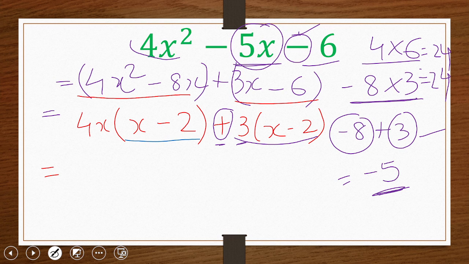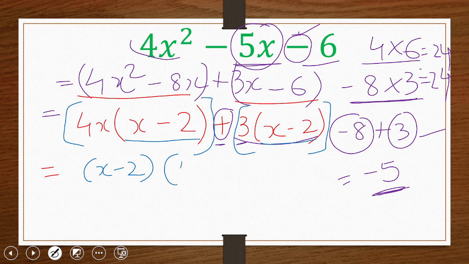Now this is the same term, x, common term I have taken from this one and this one. The common term is my x minus 2, and then the remaining term is minus 4x, this is over here, and plus 3, and this is the answer of the question.